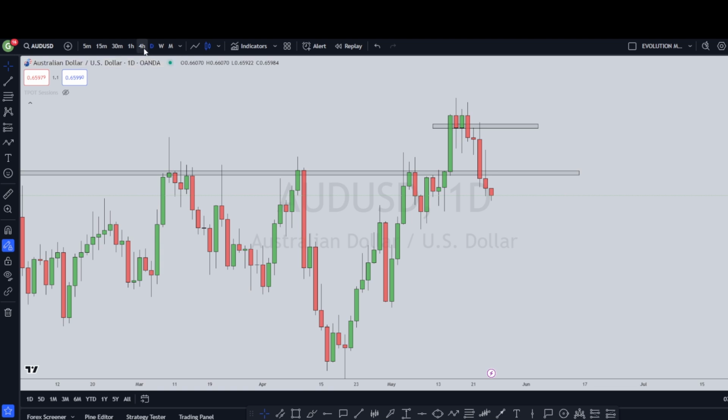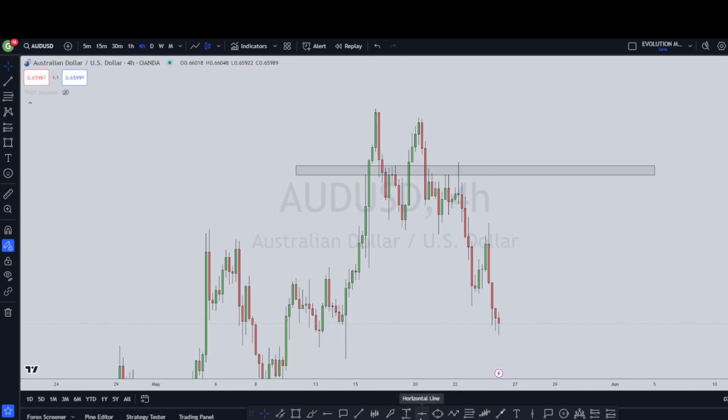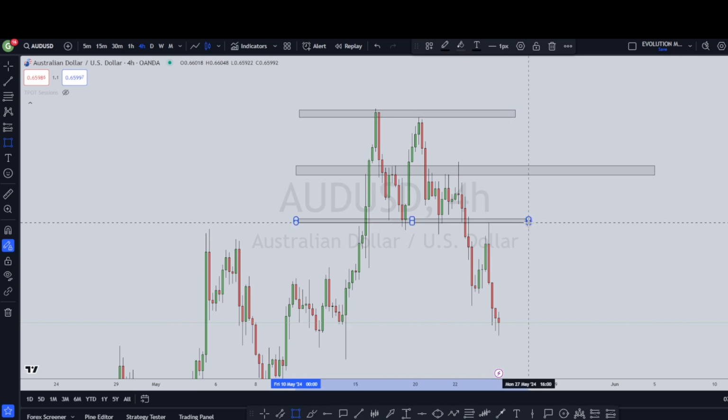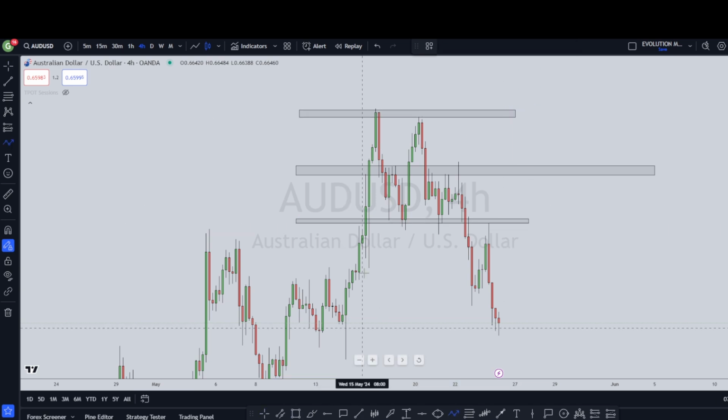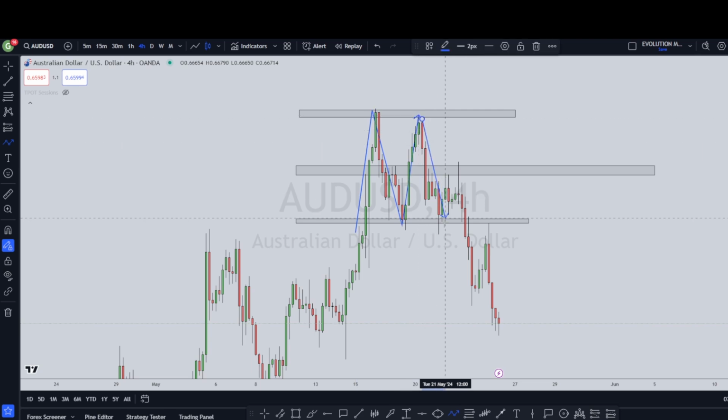Now I'll drop to the 4-hour time frame. So this is the 4-hour time frame. And if you remember, we had marked it out as kind of ranging for that day from the 4-hour perspective. The fact that price had moved impulsively to this area, retraced, tested this area, went up, retested the highs it had formed previously, then dropped to this area.